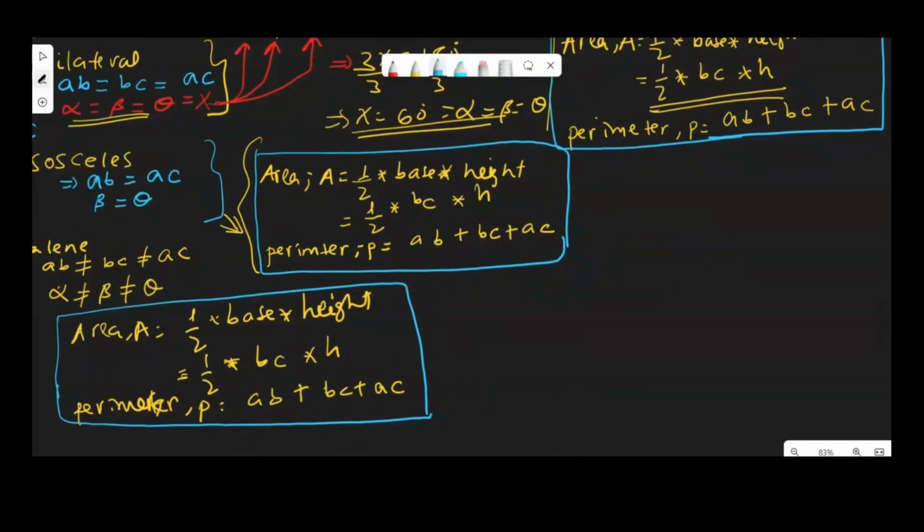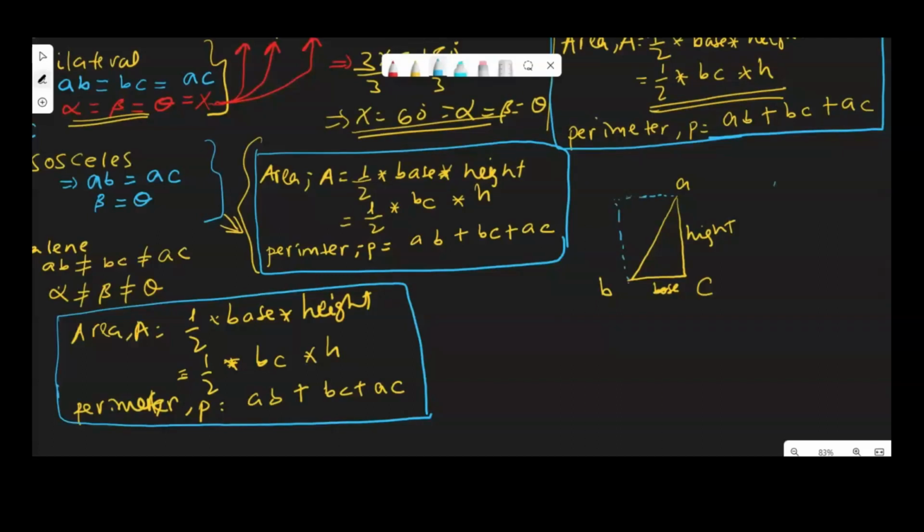Let's assume this is a triangle with A, B, and C. That means this is the base, that's the height. So if you draw like this, you'll find a rectangle.